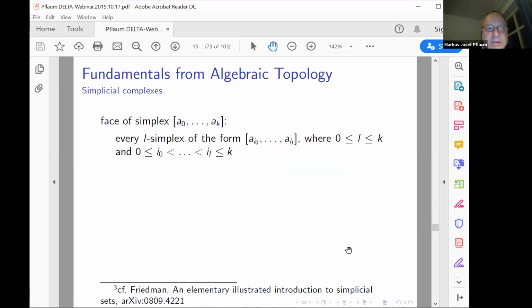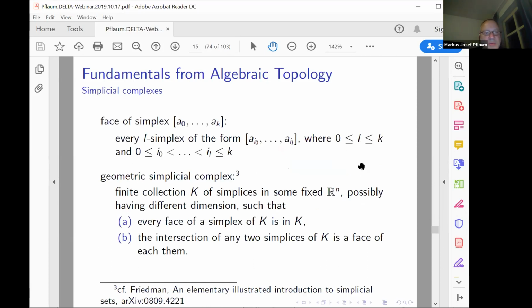Now, what is the geometric simplicial complex? This is the collection, assumed to be finite, of some simplices in some fixed R^n. The simplices can have different dimension, that's important. This collection has the following property: every face of a simplex is again in this collection.